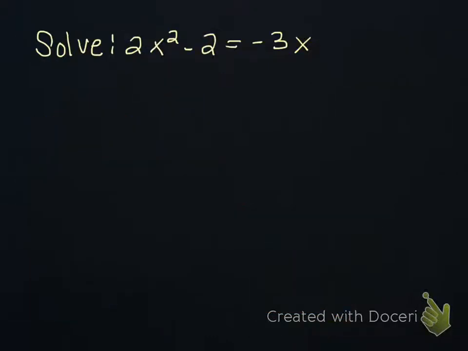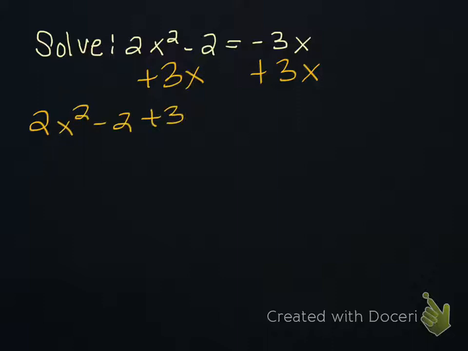We have this new problem here, which has our middle term on the right-hand side. We don't want that. We want 0 on the right-hand side. So we'll fix it by adding 3x to both sides. 3x doesn't have anything in common with these two, so there's no like terms to combine, so that gives me 2x squared minus 2 plus 3x is equal to 0.